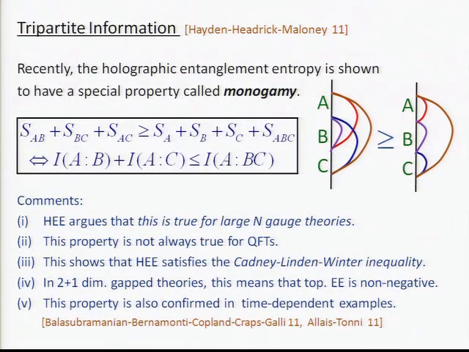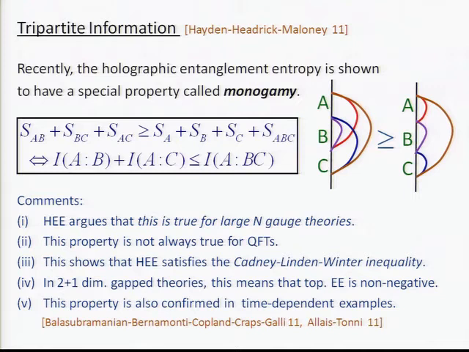Before that, I would like to mention a recent application of this kind of idea. This was done by Hayden with quantum information people, Matt Headrick and Alex Maloney. They showed a very interesting inequality called monogamy. This inequality is very important in quantum information theory, but to be honest, it's quite difficult to understand intuitively. It is summarized in these inequalities.